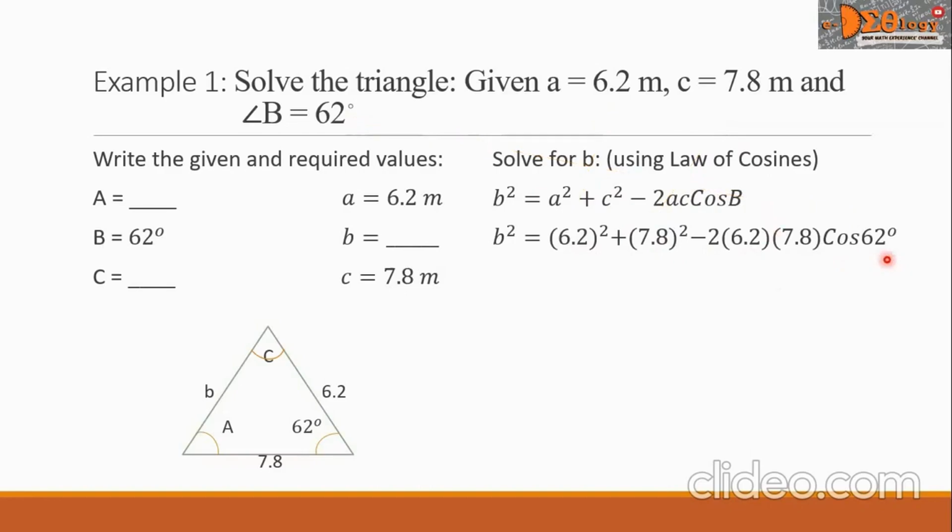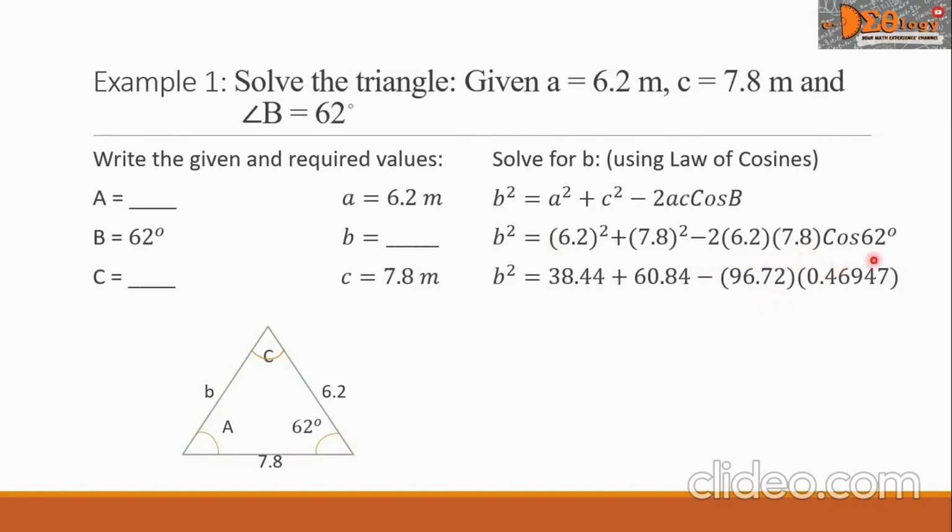Let us simplify further. This 6.2 squared is 38.44 plus 7.8 squared is 60.84 minus, let us get the product of these three numbers. 2 times 6.2 times 7.8 is 96.72.